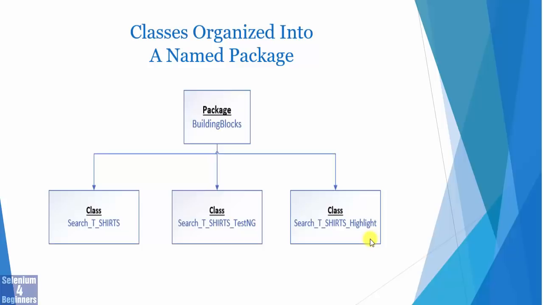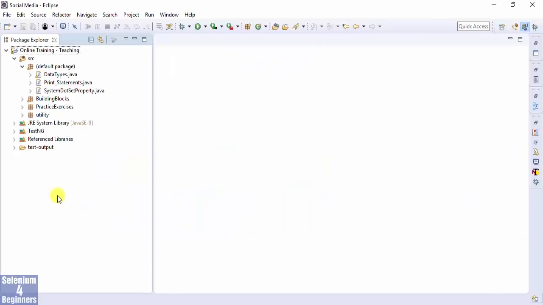The compiler does not allow two classes to have the same name in the same package. However, two classes can have the same name in different packages. It is expected for packages to be written in all lowercase letters.